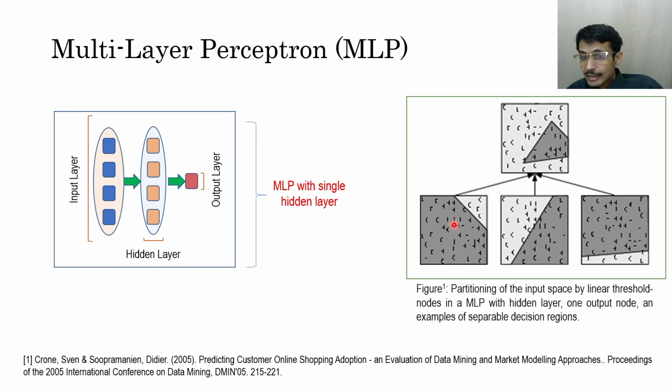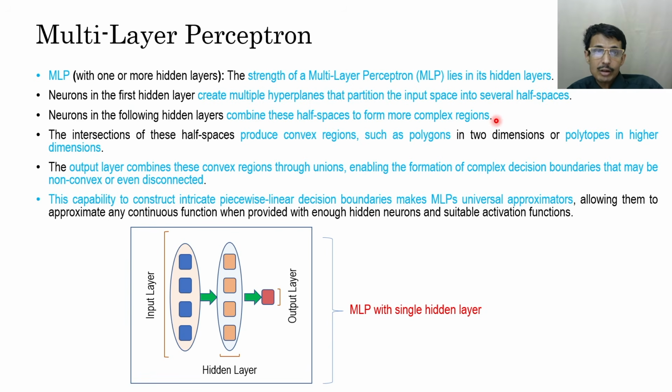We can see that the first hidden layer cannot make this kind of triangular or complicated shape. But if we adjoin these, then we can get such a complicated shape. And that is the basic strength of the multi-layer perceptron.